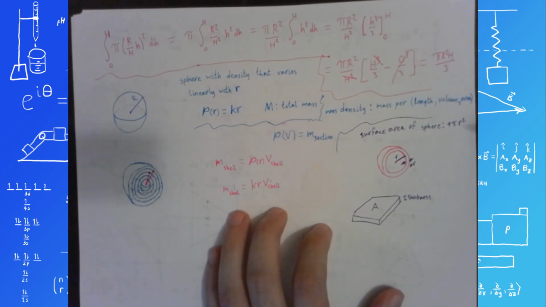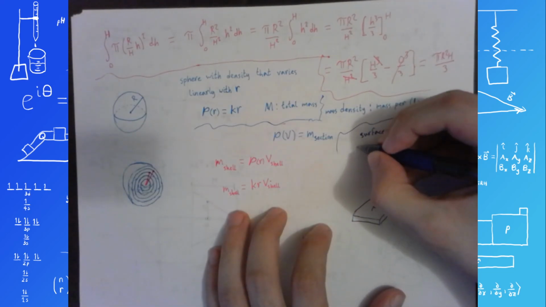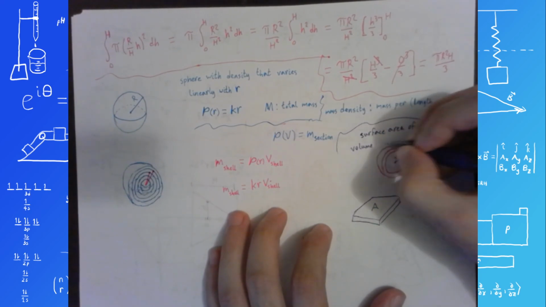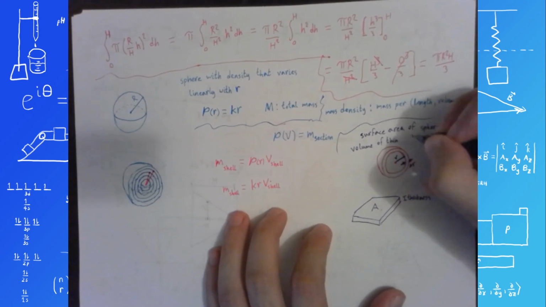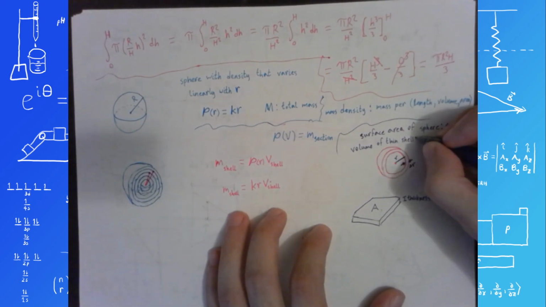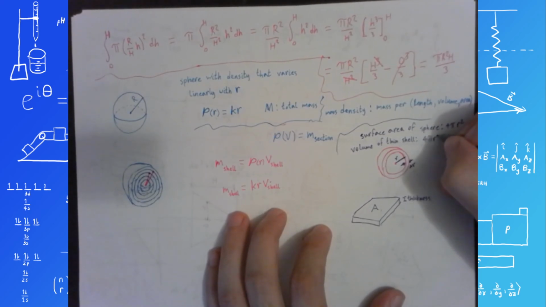So, surface area of a sphere, 4 pi r squared, multiplied by the thickness, is the volume of a thin shell. The volume of a thin shell is going to be 4 pi r squared times this thickness delta r.